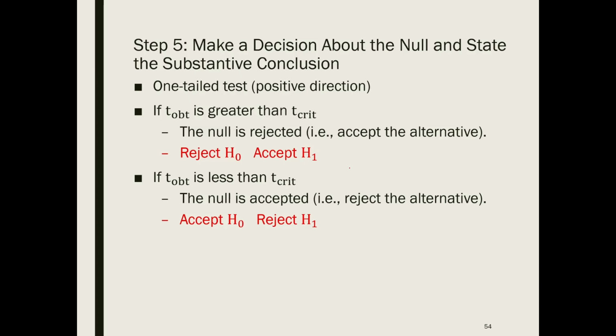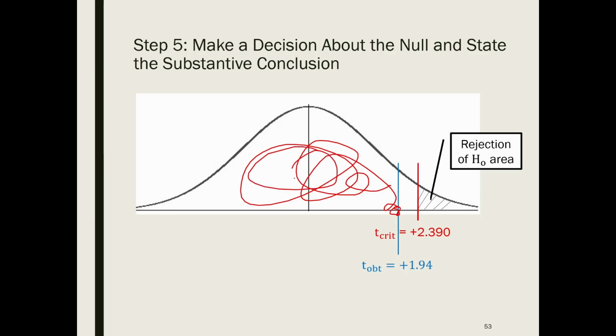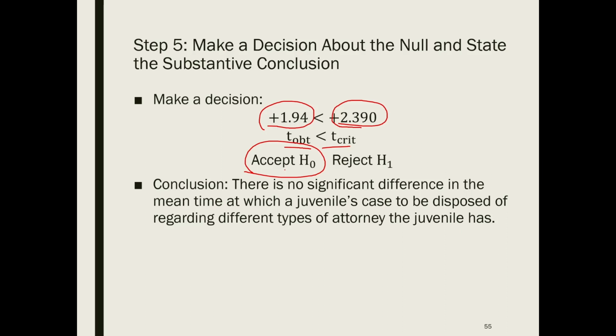Okay, I'm just going to skip this one. So positive 1.94 is less than positive 2.39. So the t obtained is less than the t critical. At this moment, we can only accept the null hypothesis, because it's in the non-rejection area. We have to accept it. So we have to accept the null hypothesis.